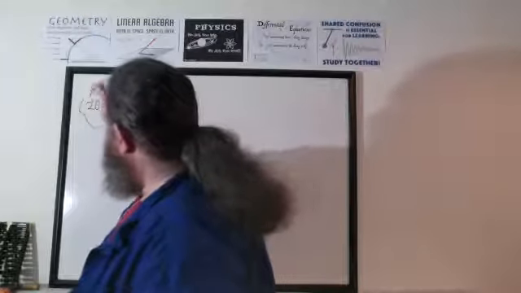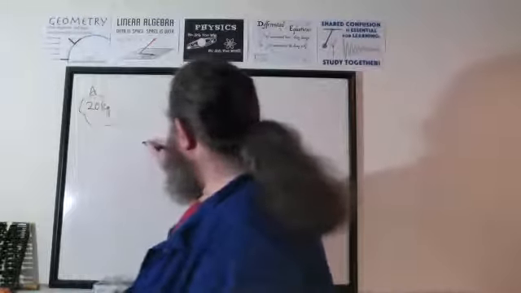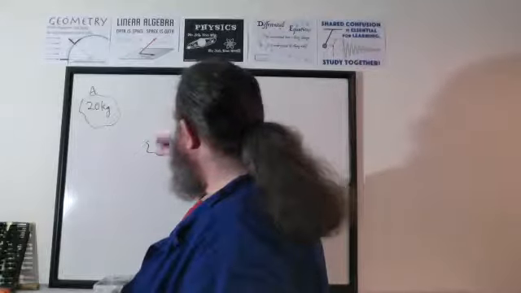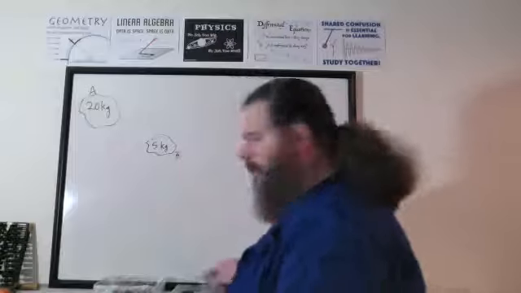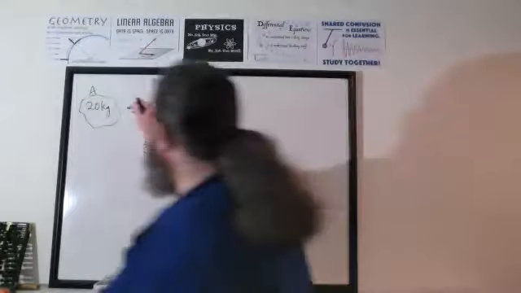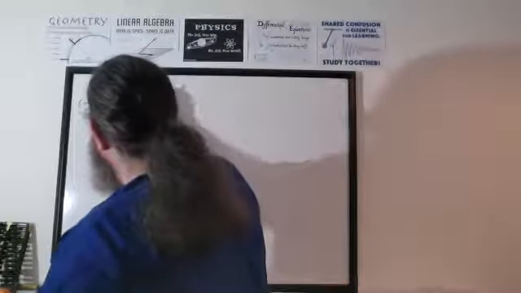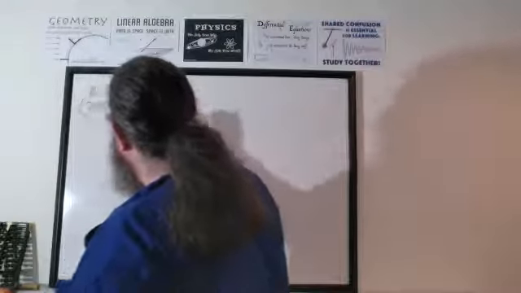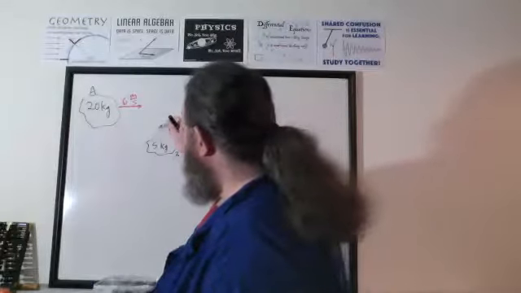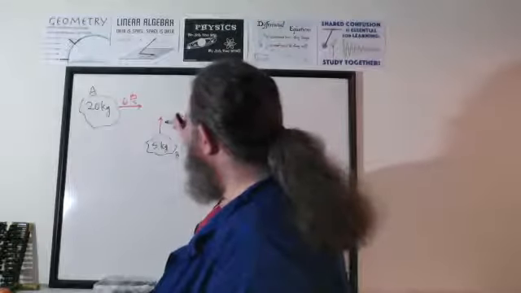Let's call that object A, and a 5 kilogram rock, object B. And let's say object A is moving to the east at 6 meters per second. And object B is moving to the north at 5 meters per second.